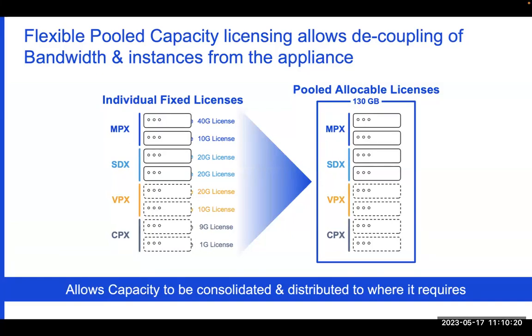Now, what is pool capacity all about? If you look at this slide, this is something very, very powerful, especially if you are facing customers that have multiple appliance requirements.